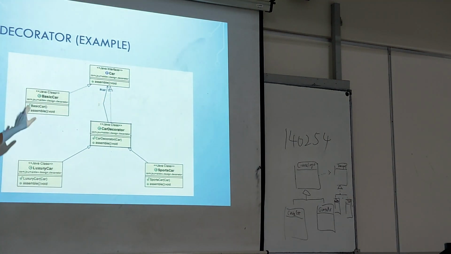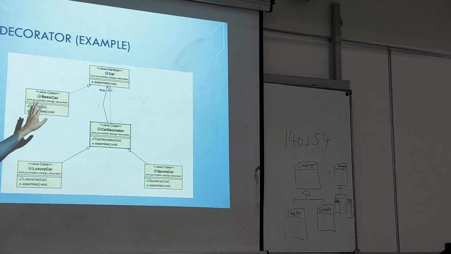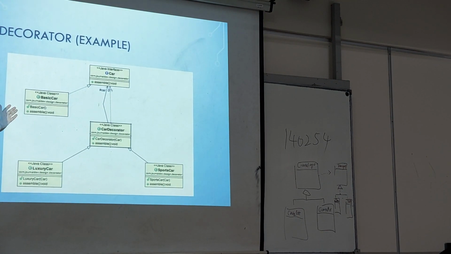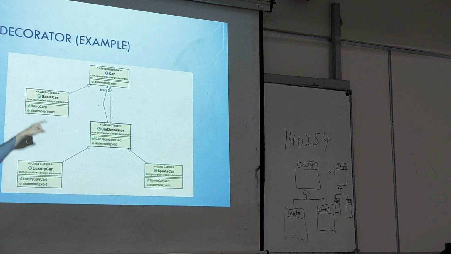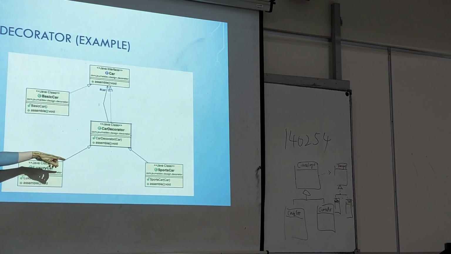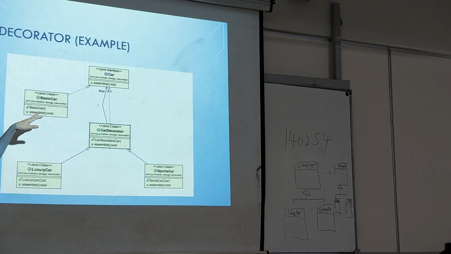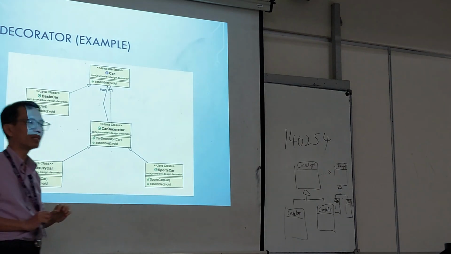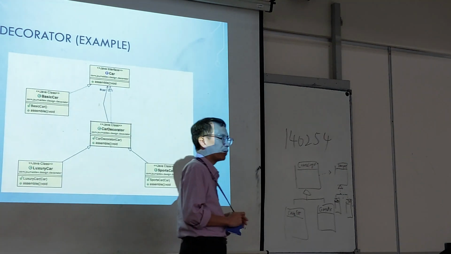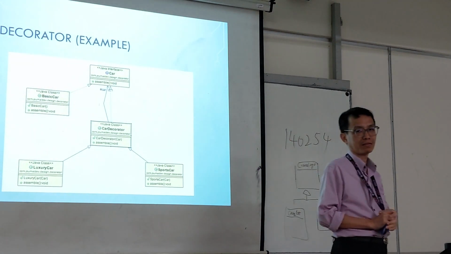We must have a base class, and then maybe we could add additional functions, like a luxury car or a sports car rather than a basic car. So in this case, we can use the decorator pattern and create those intended cars by adding more functions. So this is the purpose of the decorator pattern.